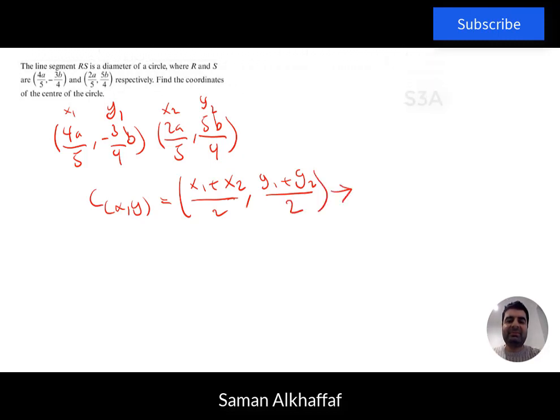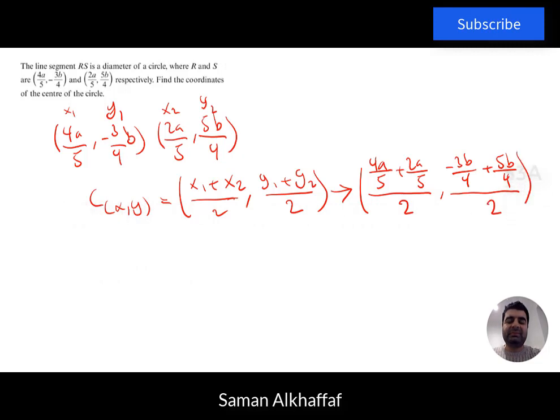Now we plug the values, so for x we have 4a over 5 plus 2a over 5, all over 2. And for the y coordinate we have minus 3b over 4 plus 5b over 4, all over 2.